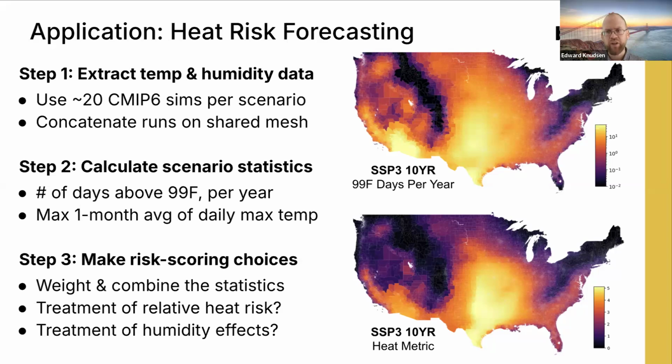And then we'll build on top of the raw temperature and humidity data to get quantities like the number of days above 99 degrees per year in a given location, or the maximum 1 month rolling average of daily max temperature.